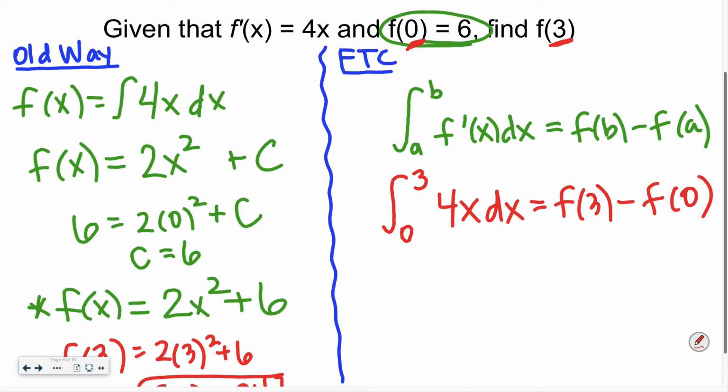So we can come over here, and we know that f of 0 is 6. And then we know how to do this over here. This is 2x squared evaluated from 0 to 3.